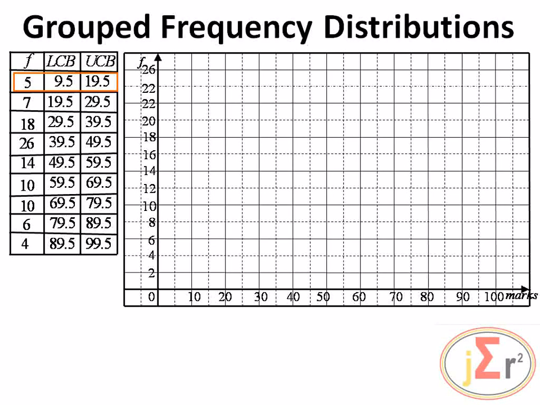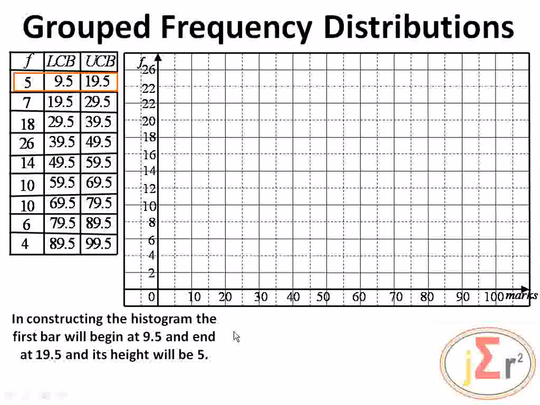Our first bar will begin at 9.5, end at 19.5, and the height, which is represented by our frequency, will be 5. So this is what we have. That's our bar, beginning at 9.5 and ending at 19.5.